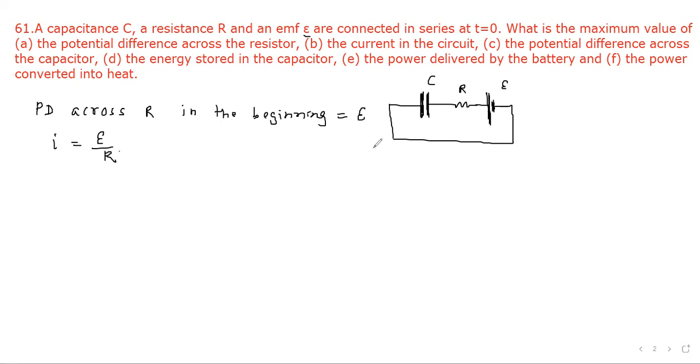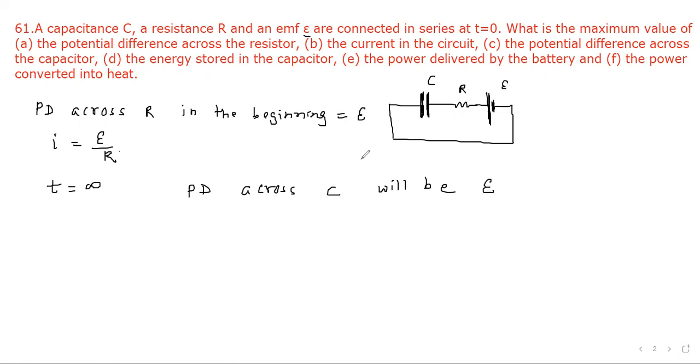Then when t equal to infinity, it means the capacitor is fully charged. In that case, it will behave like an open circuit. So the potential difference across C will be the EMF of the battery.